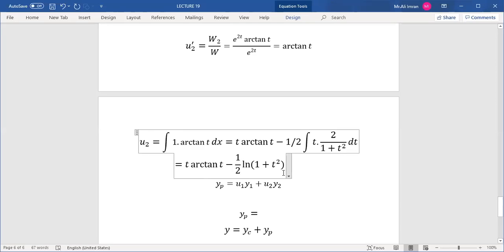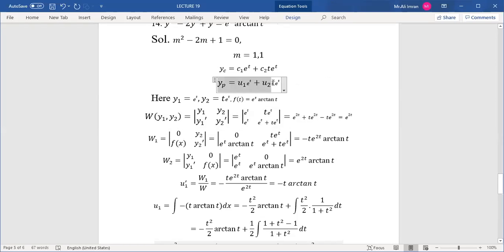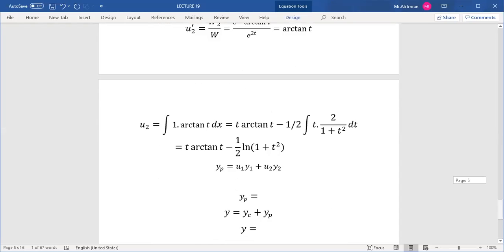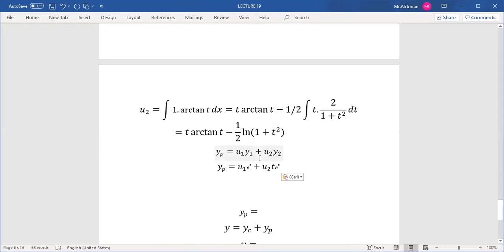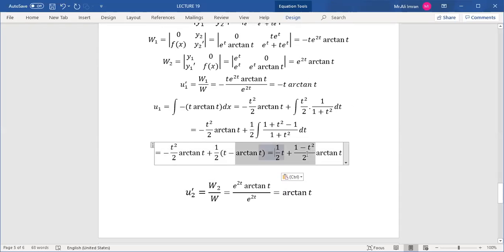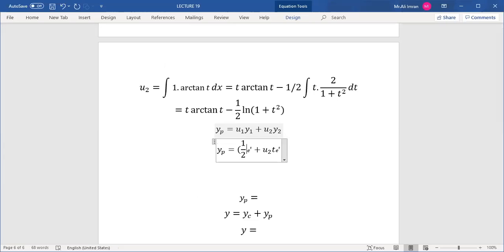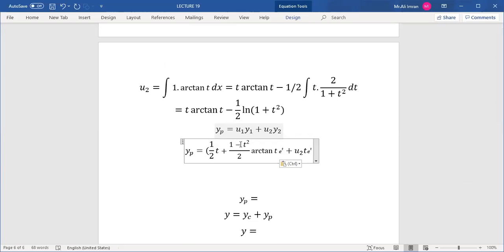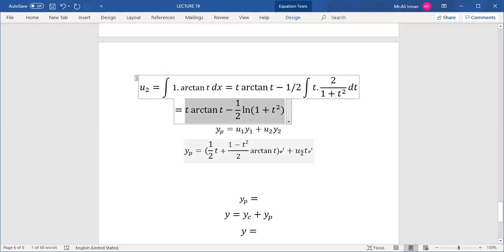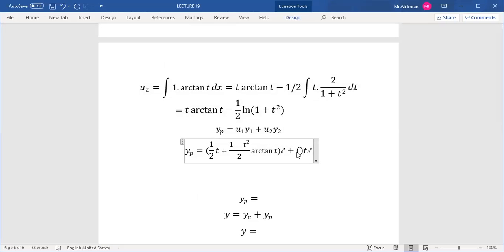And we can write the particular solution yp, where u1 is equal to 1 divided by 2 t and so on, and u2 is equal to this one.